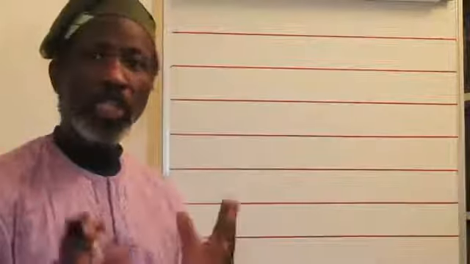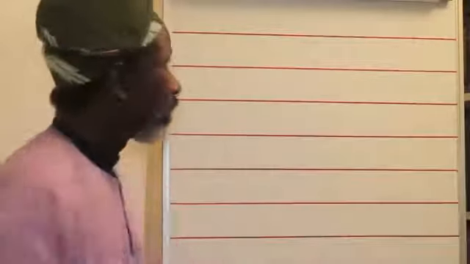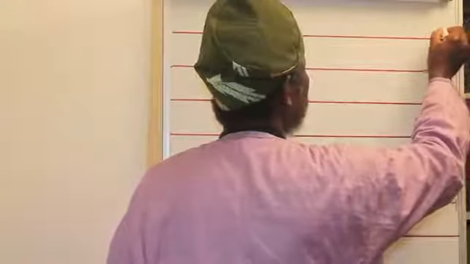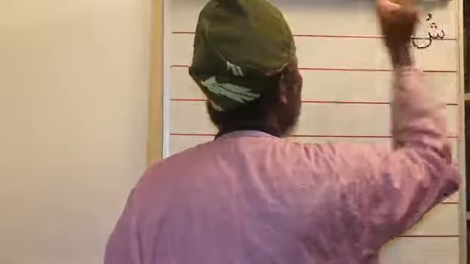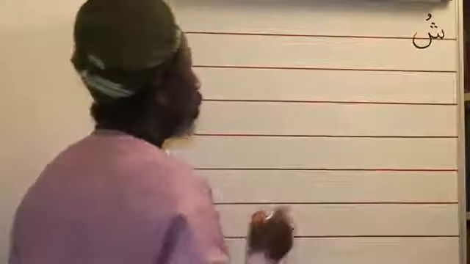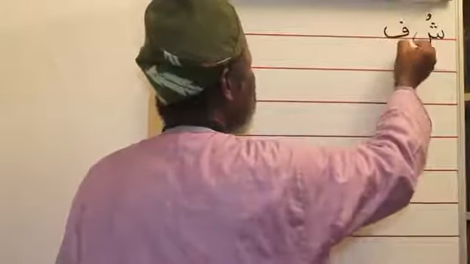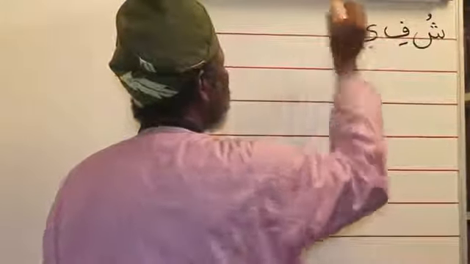We start on page 34 with letter Shin. Shin, the beginning. A Shin with dhamma becomes Shu. Fa with kasra, Fi. Shu, Fi, and then Ya with fatha, Shufiya.